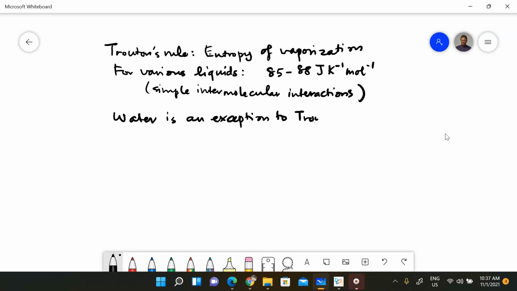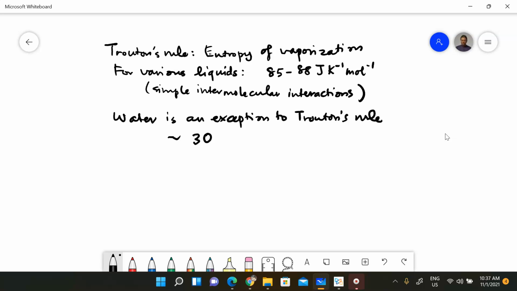For Trouton's rule, the entropy of vaporization for water in this case is given. In fact, this is given in the book, but not much detail is given. One can look up Trouton's rule elsewhere.